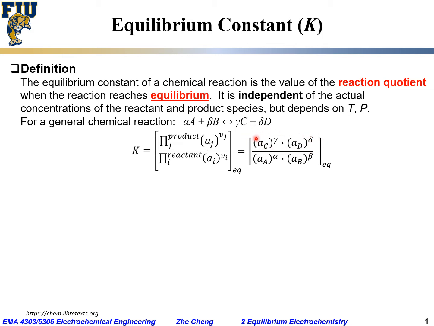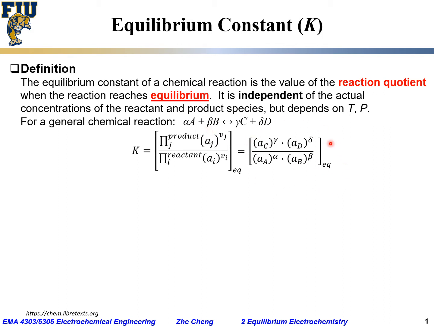This is the numerator, the product for all the products, divided by, for the denominator, the activity for reactant A raised to the power of alpha times the activity for reactant B raised to the power of beta.